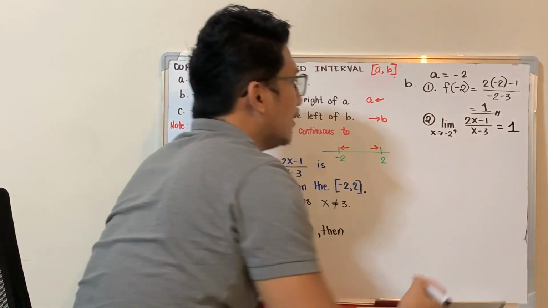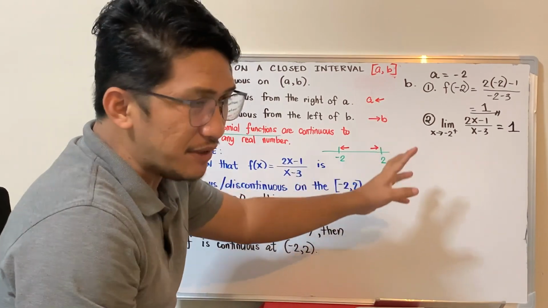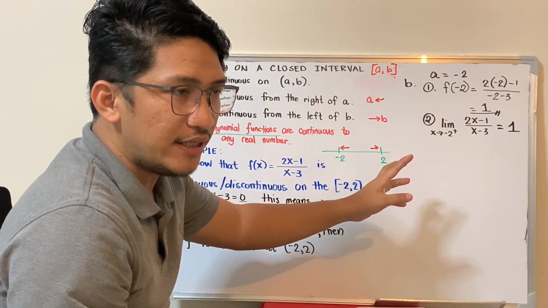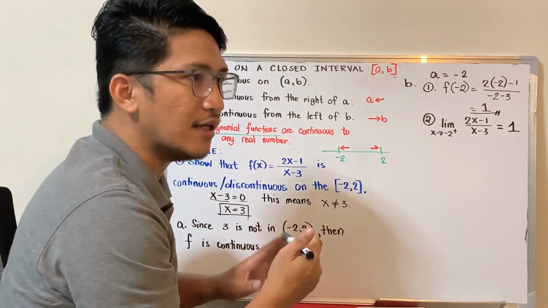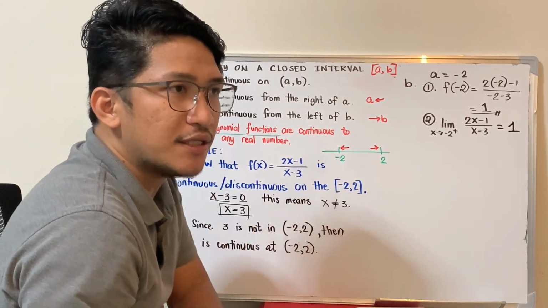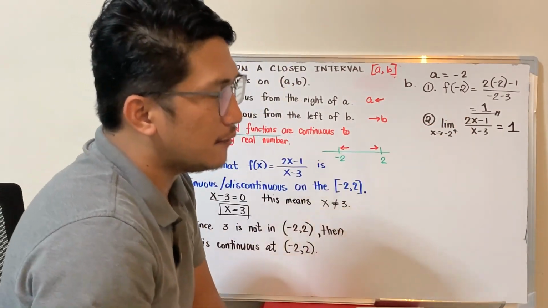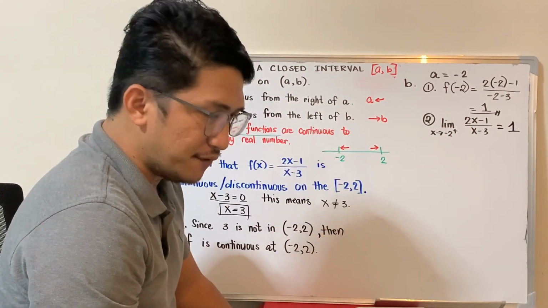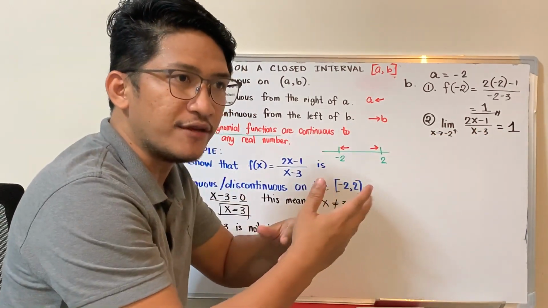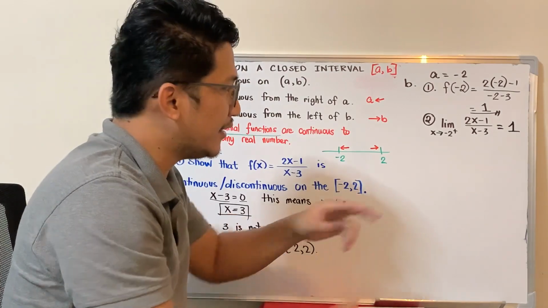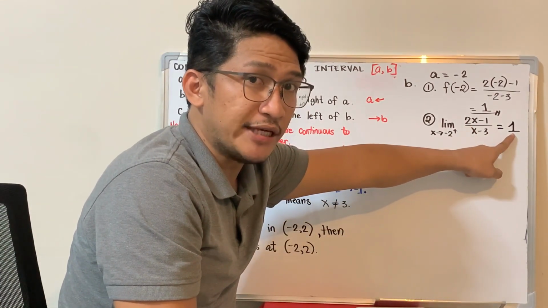The idea is this: the limit of the function exists if the limits from the left and right are equal. This is a rational function, so if after substitution the result is a real number, it means the limit exists.